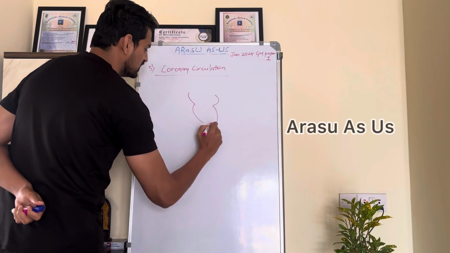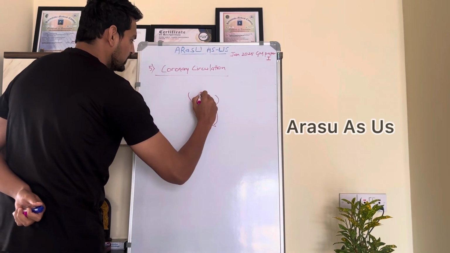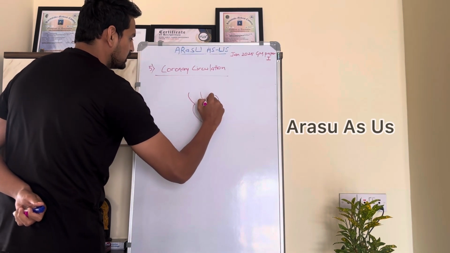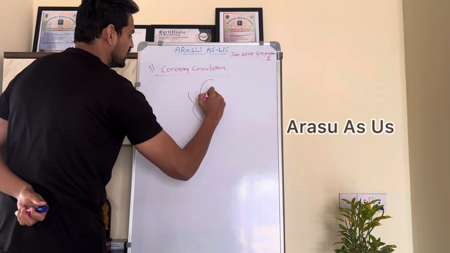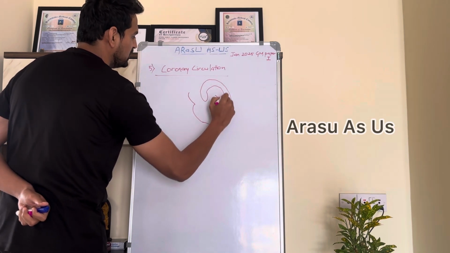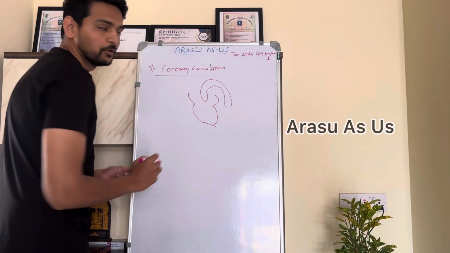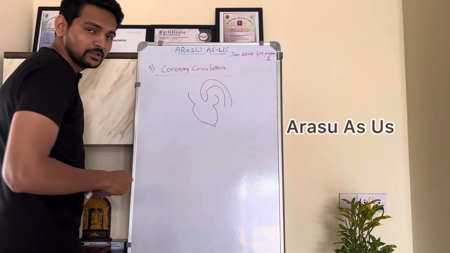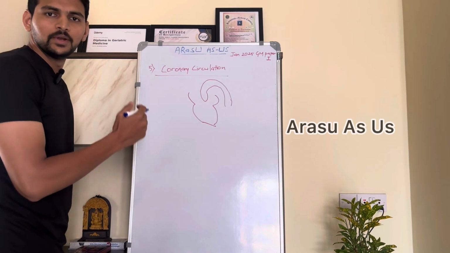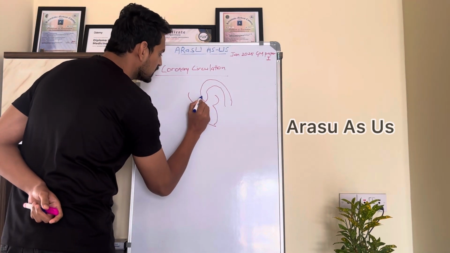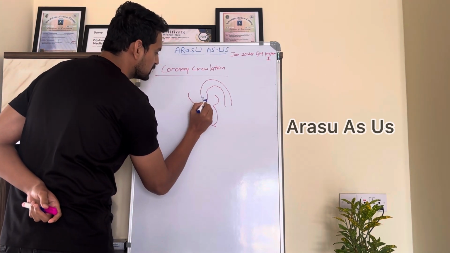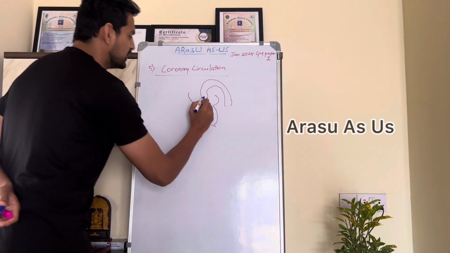So here what happens is, we know that the ascending aorta will come out like this, right? And immediately after the aortic valves, we know that aortic valves are tricuspid, semilunar valves. So there will be 3 cusps at the aortic valve.